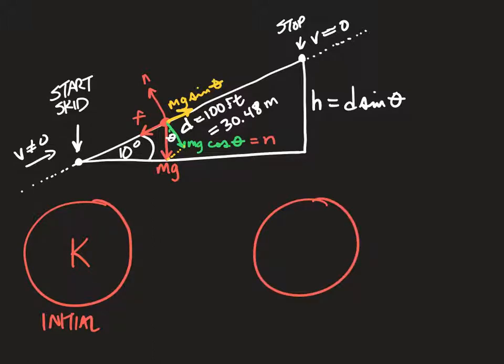In the final condition, we experienced a change in gravitational potential energy. That and friction worked to bring the car to a stop.